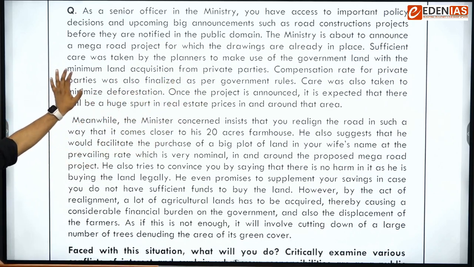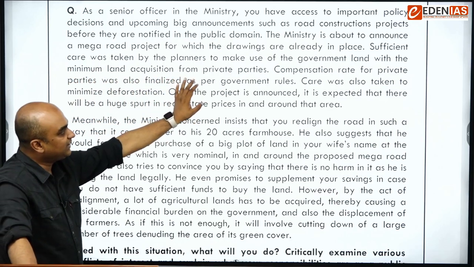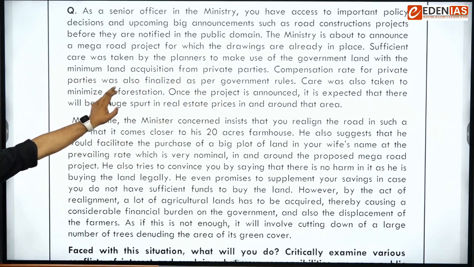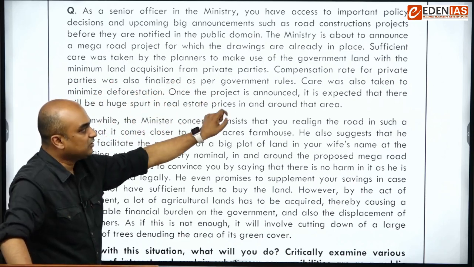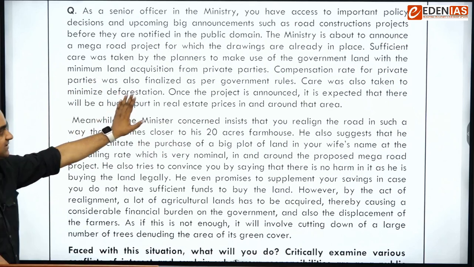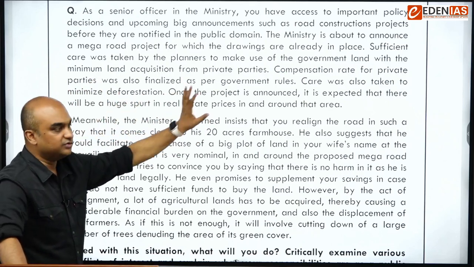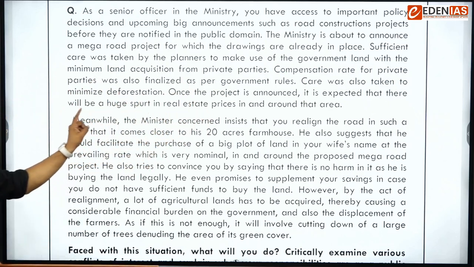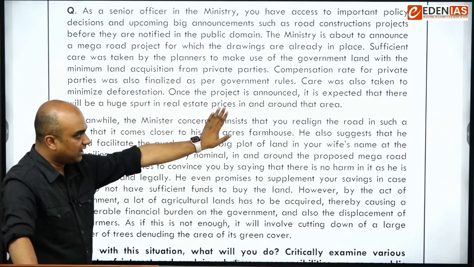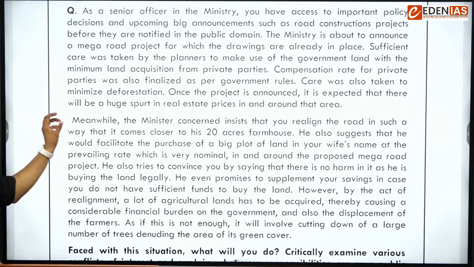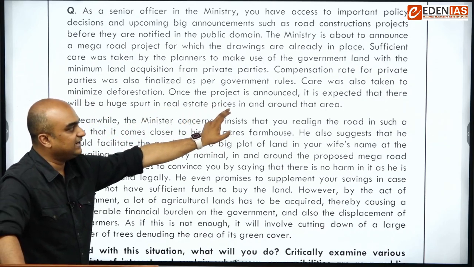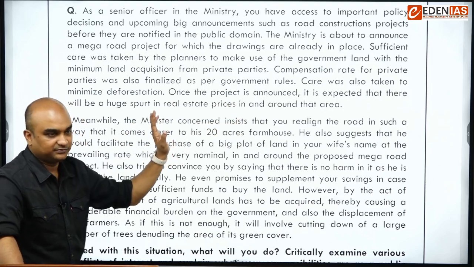Sufficient care was taken by the planners to make use of the government land with the minimum land acquisition from private parties. Compensation rate for the private parties was also finalized as per government rules. Care was also taken to minimize deforestation. Once the project is announced, it is expected that there will be a huge spurt in the real estate prices in and around that area.